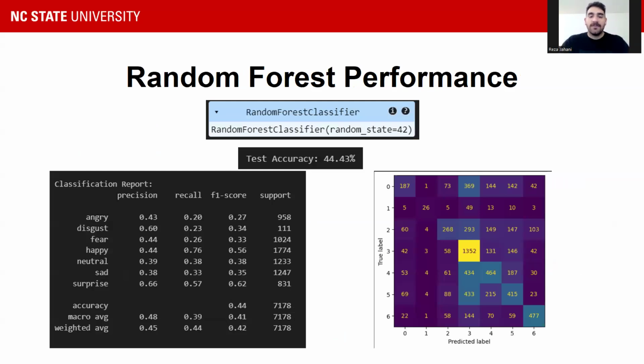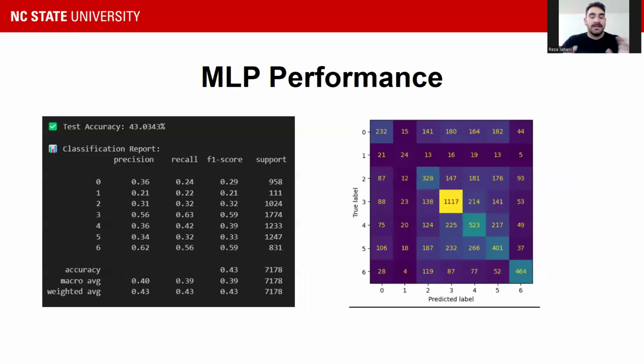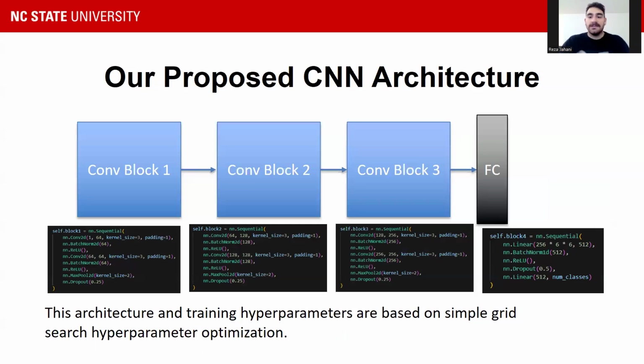This is the performance of the random forest. I will dive into more details later when comparing to our work. Same thing goes for MLP here. As you can see, the baseline models are not able to get good performance because they're very simple and cannot generalize to a complex data set with 48 by 48 matrices. So now I'll dive into the details of our work.